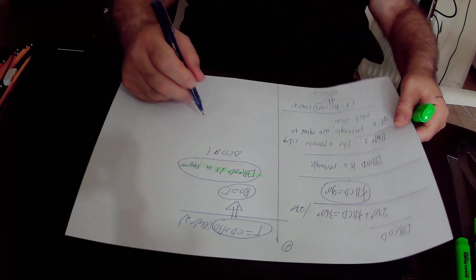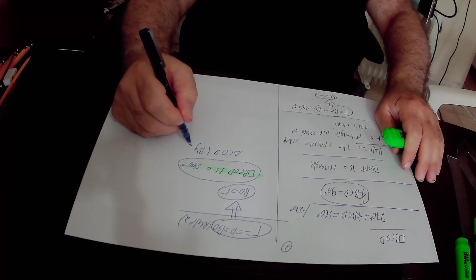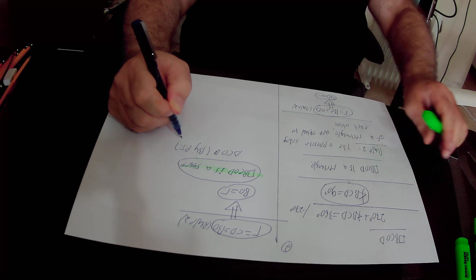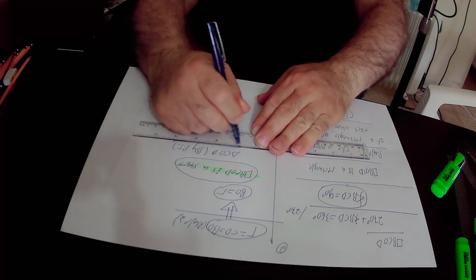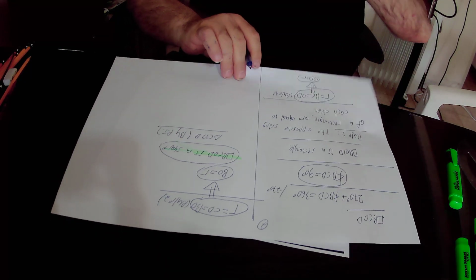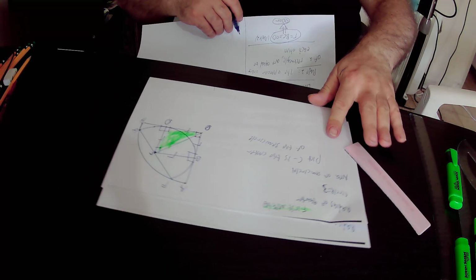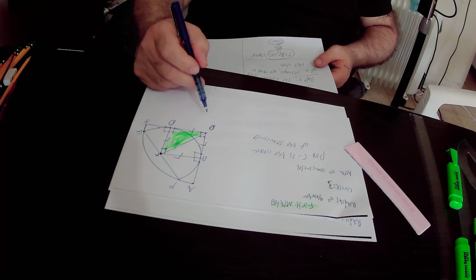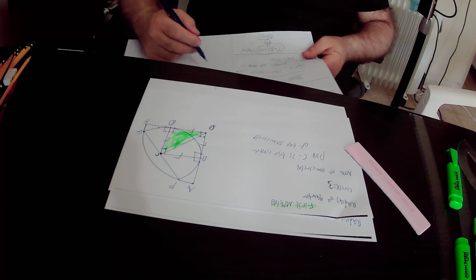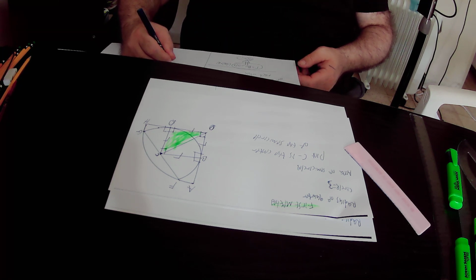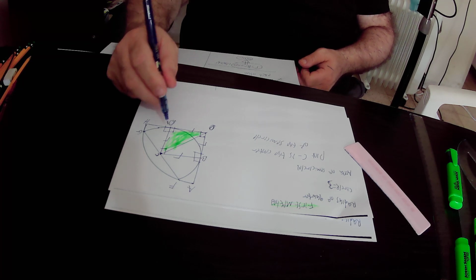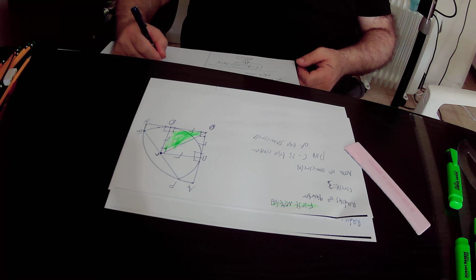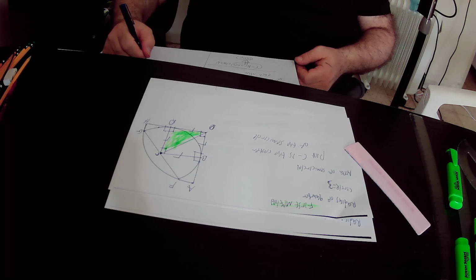In the green triangle COD by PT, PT is the abbreviation for Pythagoras theorem, we will get that OC square equals CD square plus OD square.